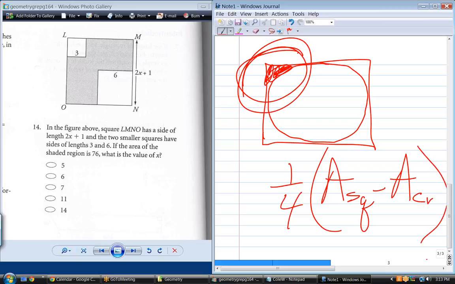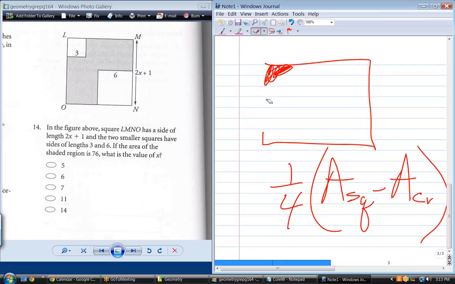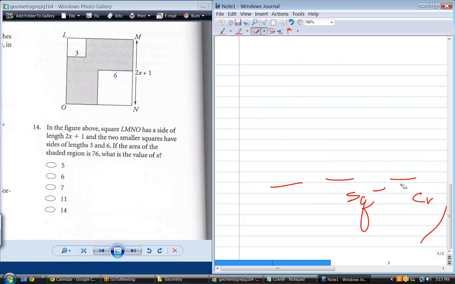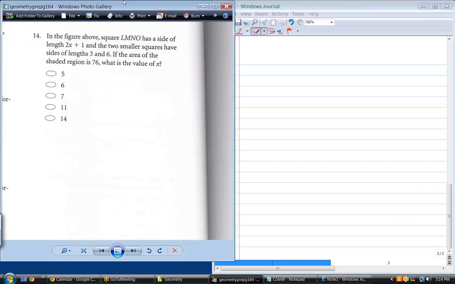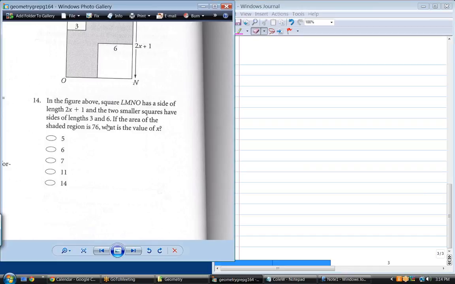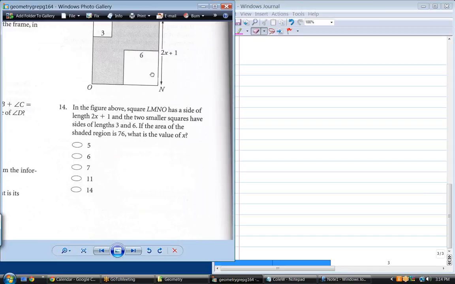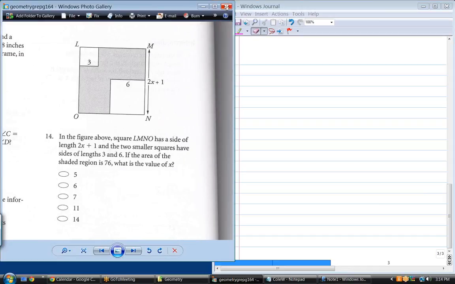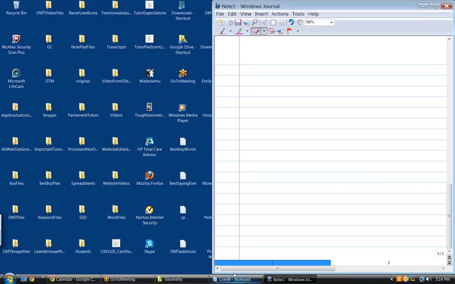That's what that would be. And that's what all shaded region problems are. And it's good to know that right off the get-go, because you're going to get a lot of them. Shaded region problems are very, very popular in geometry and when you go to take the ACT test. Just always realize that they're subtraction problems.